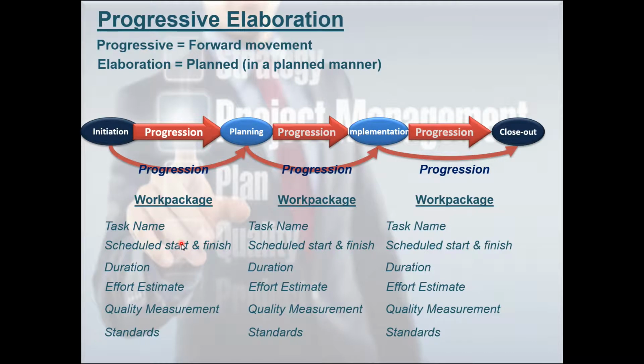It has a scheduled start and finishing time based on the duration of the activity. There's effort involved. We use resources to perform the tasks required to finish the activity. It must comply with a specific quality standard, so there are standard requirements.